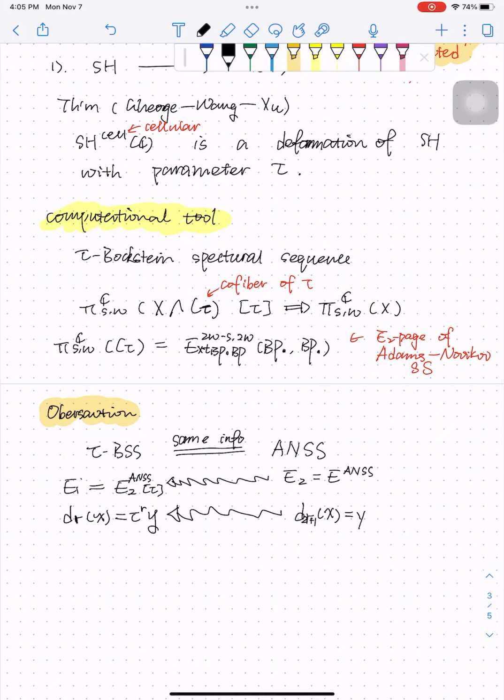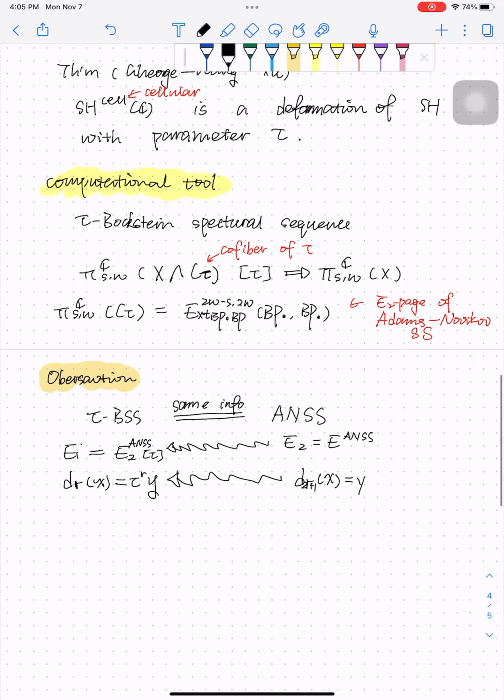And there's also a way to translate from the tau Bockstein spectral sequence to the Adams-Novikov spectral sequence.